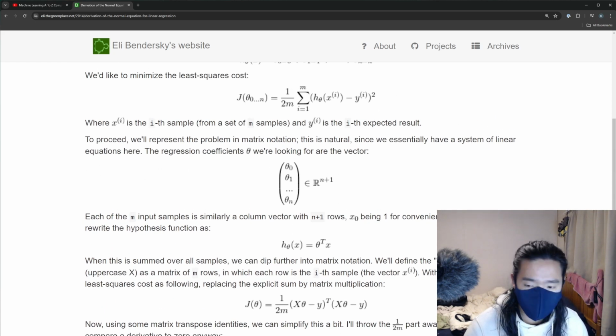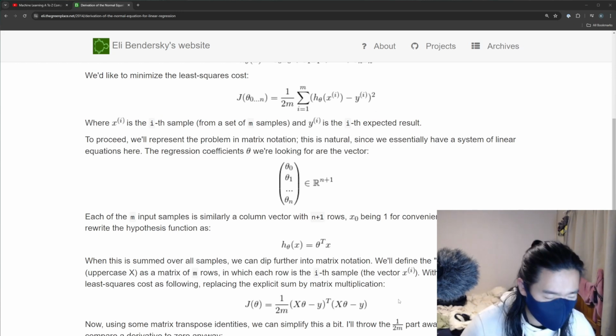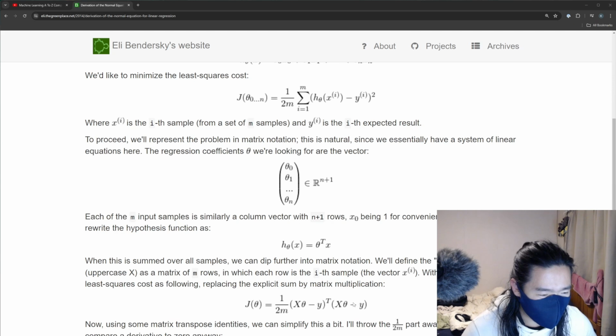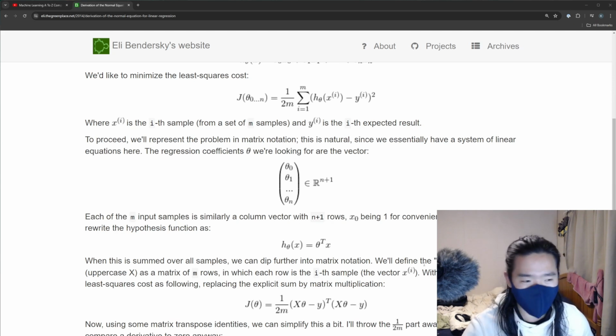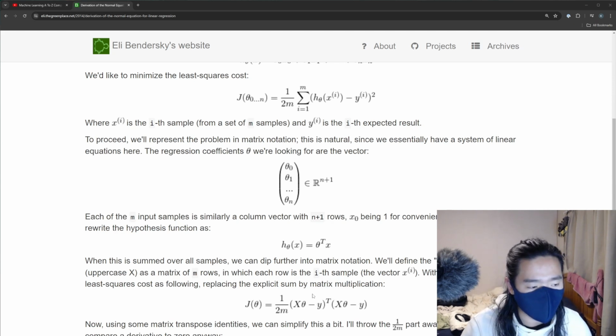So this is going to be a bit harder to explain, but essentially, this squared and this summation comes out to be a matrix multiplication. The way this matrix multiplication works is when you have the transpose of this matrix here, matrix multiplied by itself.